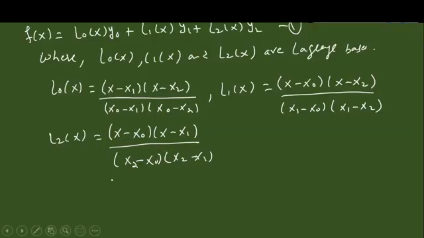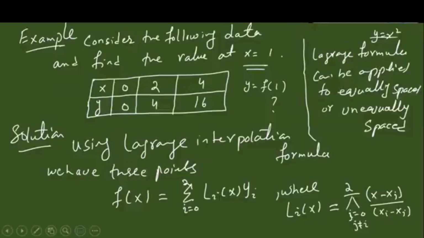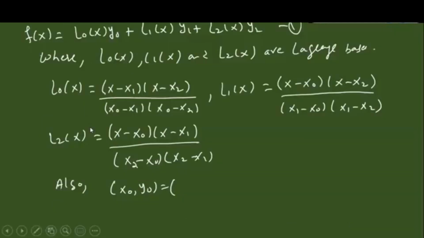So how will we do that? Because x0 y0 appears, x0 y0 is (0, 0). It could be any value, but it is like that.